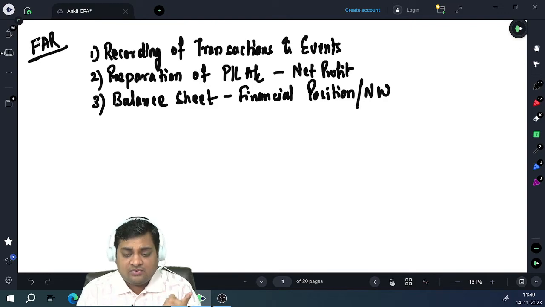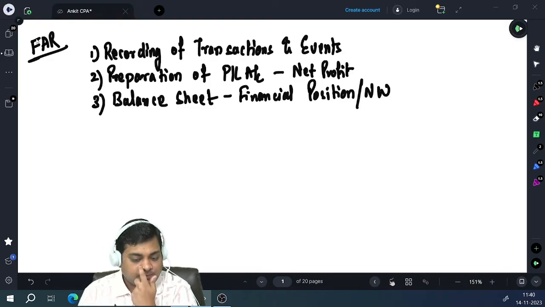Today, the topic of consideration is what rules we will follow when we do accounting for US companies. In India, when we do accounting for Indian companies, we follow accounting standards.